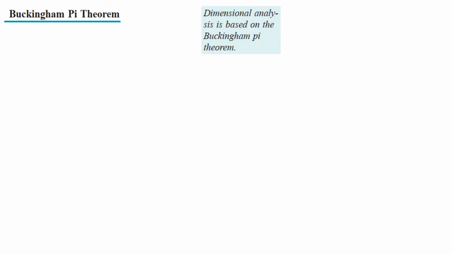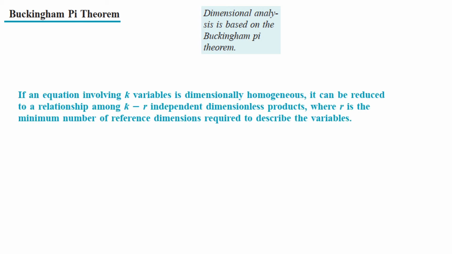As we already discussed, our dimensional analysis is based on the Buckingham Pi theorem, and what the Buckingham Pi theorem does is help us reduce the number of variables that are involved in an experiment. So let's read out this statement. If an equation involving k variables is dimensionally homogeneous, what does that mean?